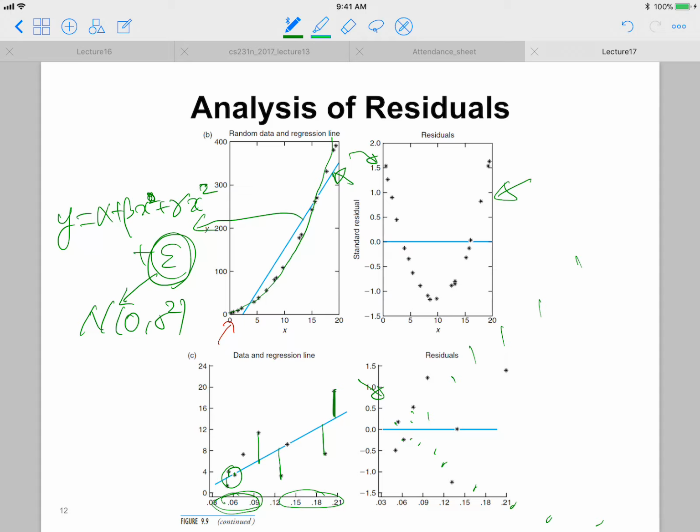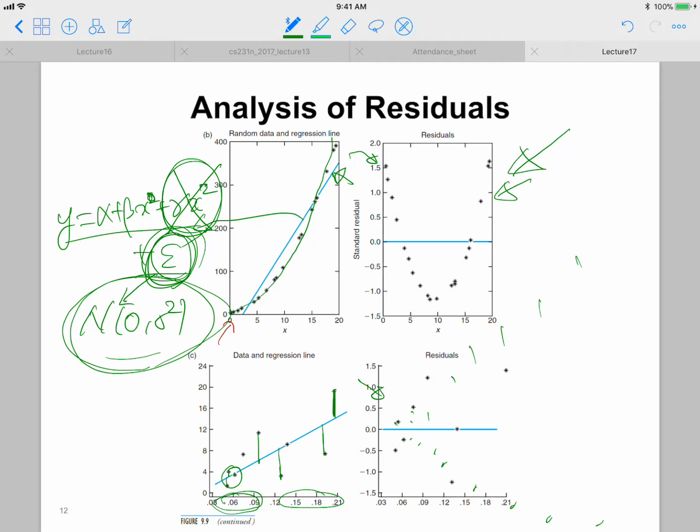But this was the true relationship, and we just wrongly assumed that y is represented as this. Because this term is missing, epsilon is no longer following the normal distribution with the same sigma squared. So that's why we see this kind of pattern.